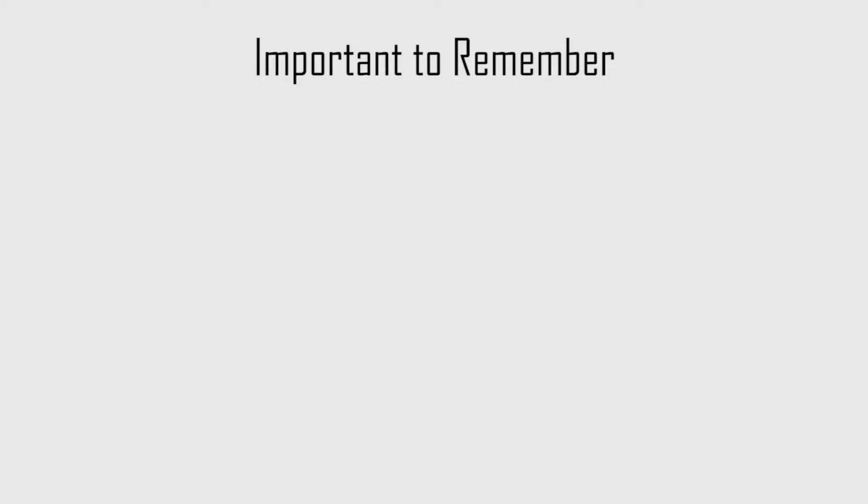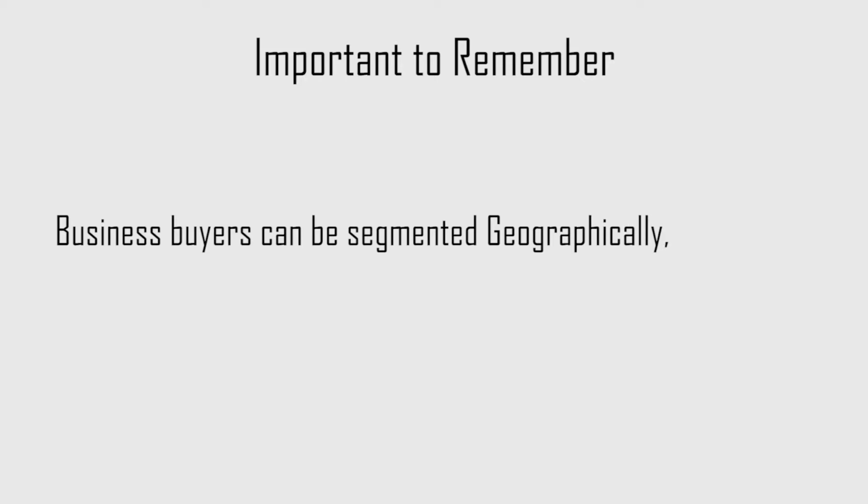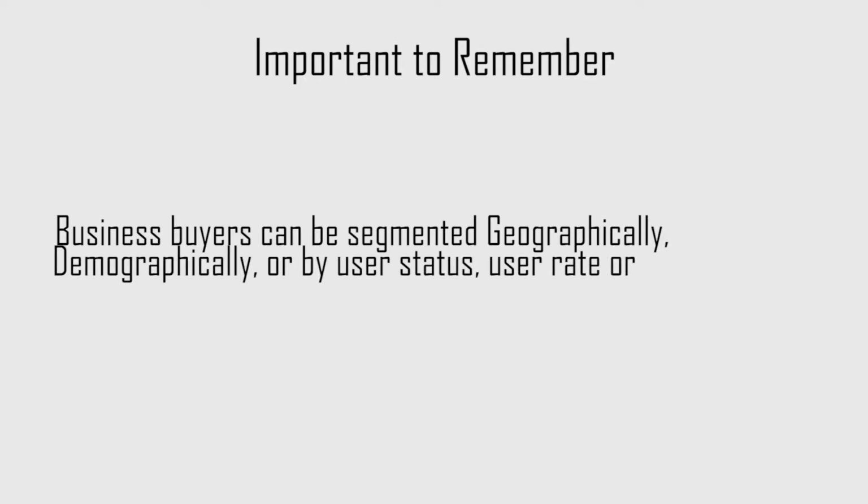And it is no mistake to be a business that wants to serve other businesses. So when we talk about segmenting business markets, it is about working for other businesses. Important to remember, business buyers can be segmented geographically, demographically, or by user status, but also by user rate or loyalty status.